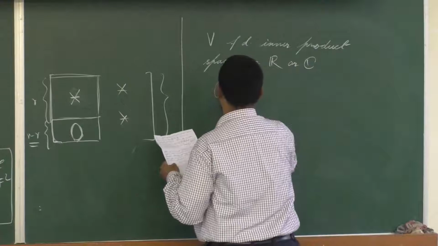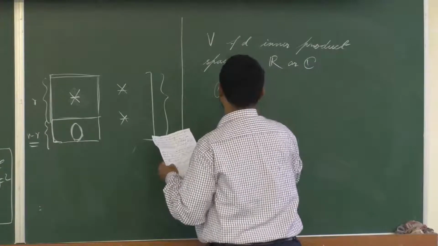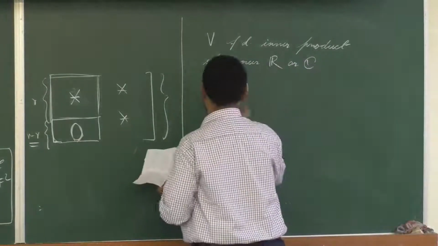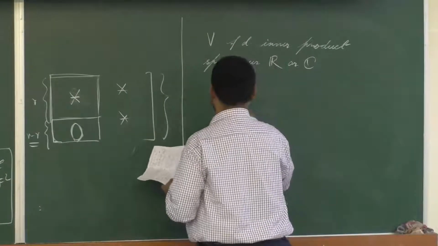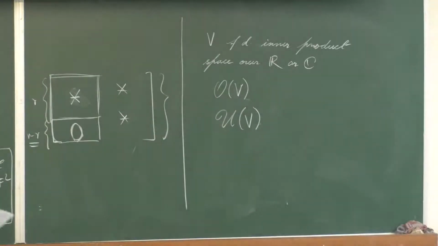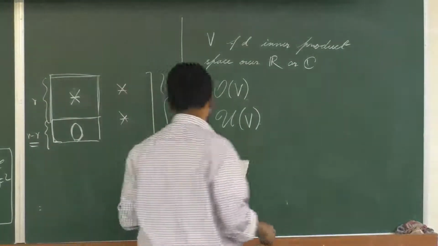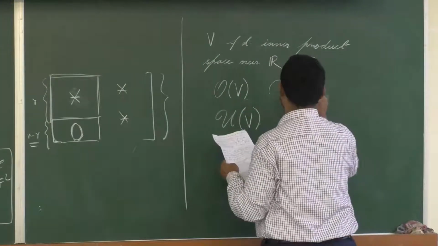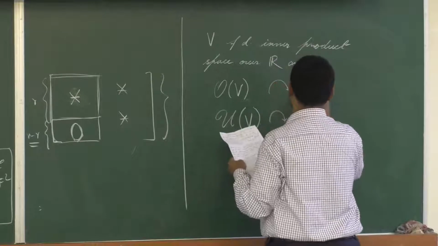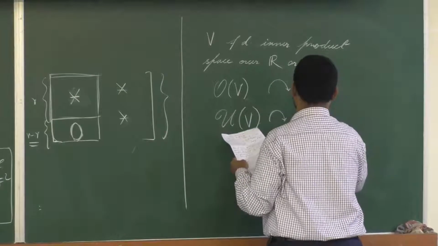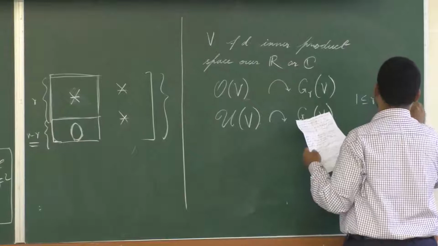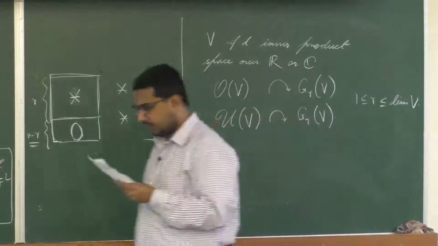And in that case, let O(V) be the group of all orthogonal transformations of V if V is over R, otherwise we consider all the unitary transformations of V if V is an inner product space over C. And certainly we do have the action, in either case, on subspaces of dimension r, where 1 is less than or equal to r less than dimension V.